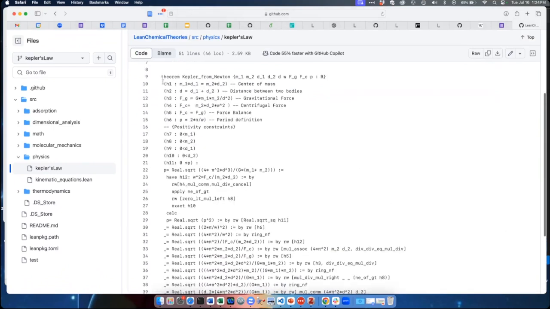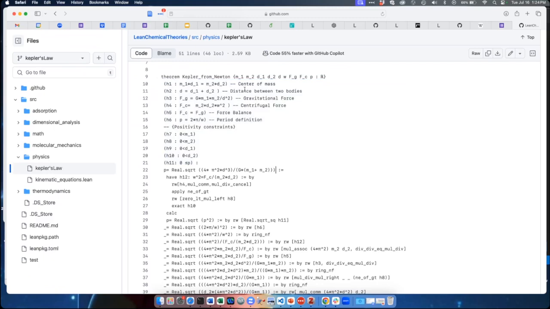So we have several hypotheses coming up front, and then we say these are all of our premises, and then we're going to prove that the square root of 4 pi squared times d cubed divided by G times (m1 plus m2), this is a statement of Kepler's third law, follows from all these other things that involve defining a center of mass, defining a distance between two bodies.